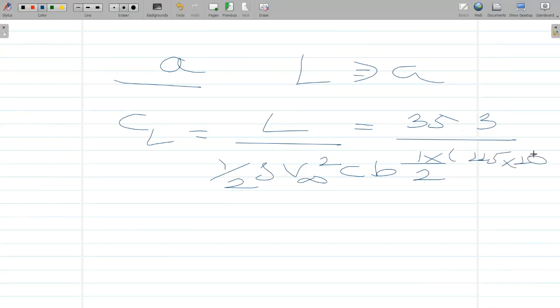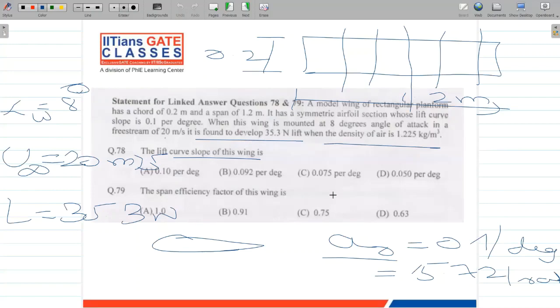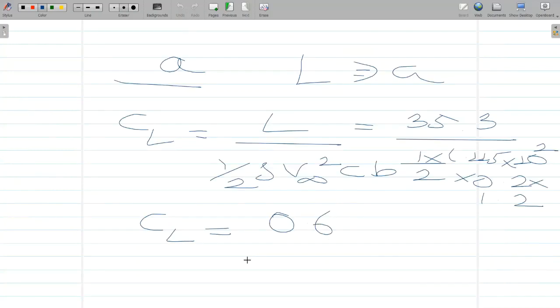Velocity V infinity is 20 meters per second, chord is 0.2 and span is 1.2. So we have everything that is required, and that gives us a CL value of 0.6. So we found the CL value.